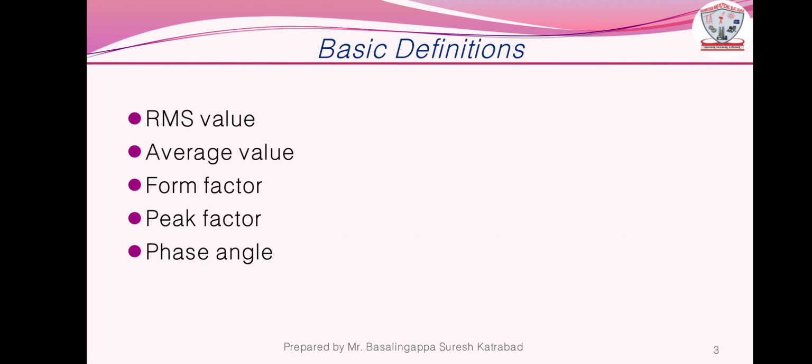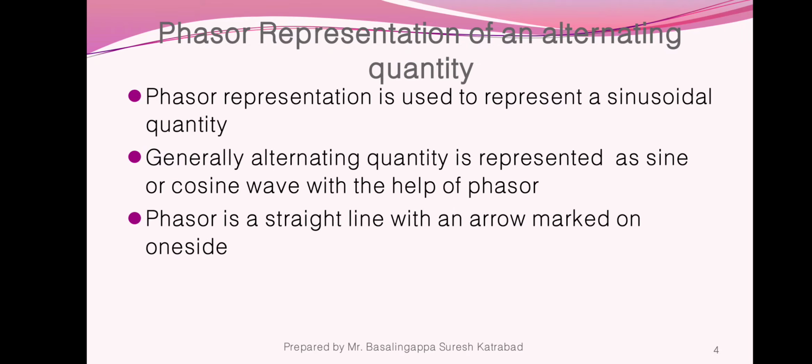In this lecture we will see some basic definitions. First RMS value, second average value, third form factor, fourth peak factor, fifth phase angle. First we will see phasor representation of alternating quantities.